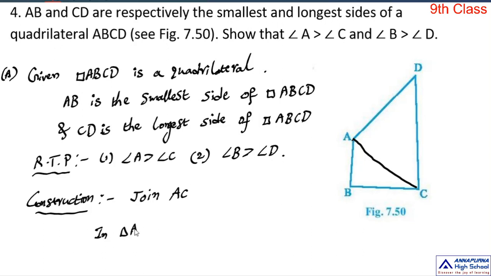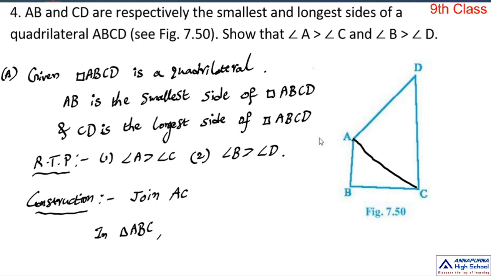In triangle ABC, see the figure. AB is the smallest side of quadrilateral ABCD, so AB is the smallest side of triangle ABC.